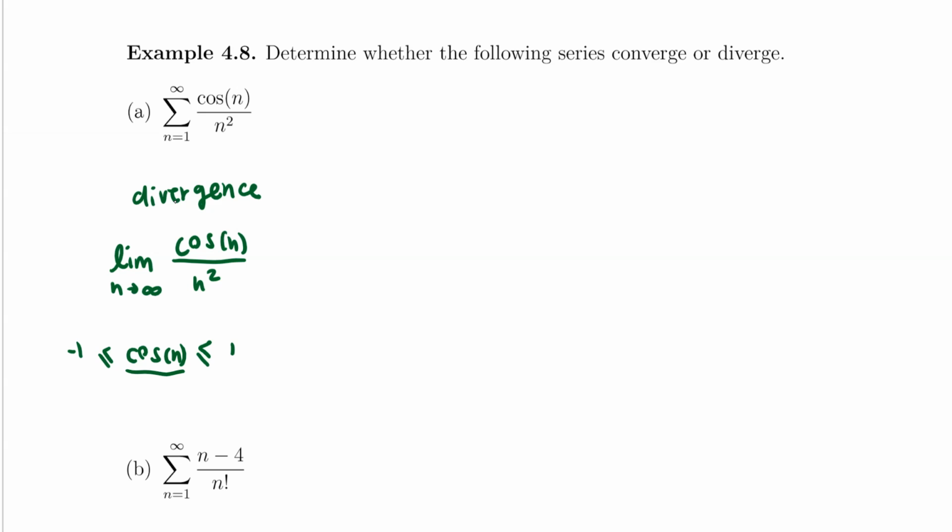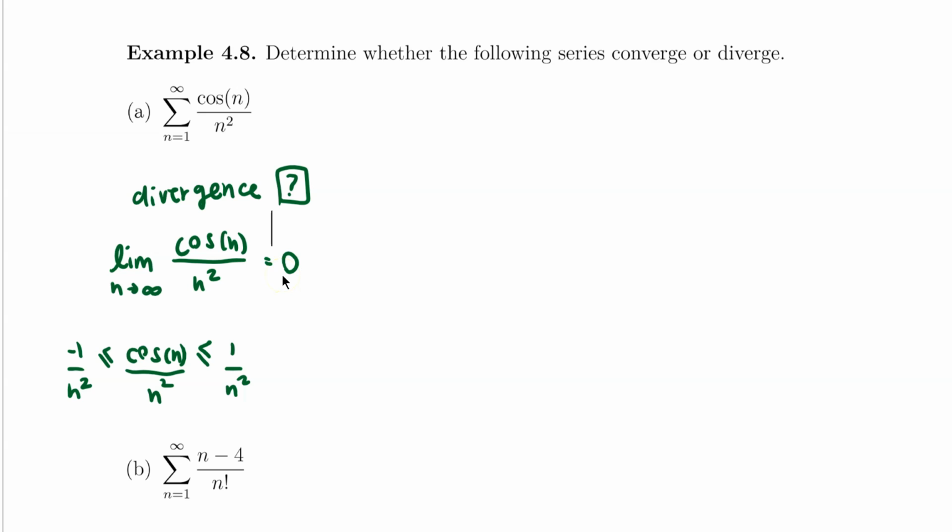So if I divide this by n squared, because both of these are going to 0, I can conclude that this limit is going to 0. Because the limit of the terms in this series goes to 0, I cannot use the divergence test. It is going to be inconclusive.